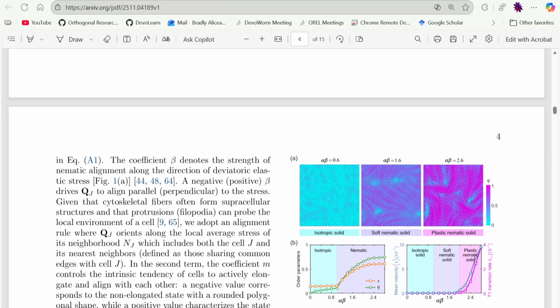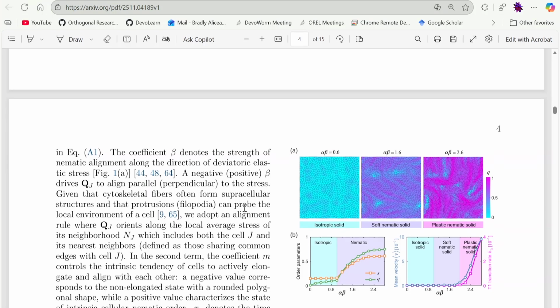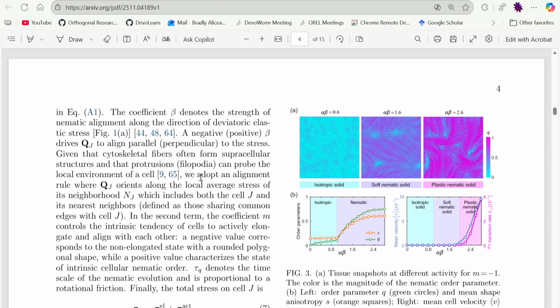Given that cytoskeletal fibers often form supracellular structures, and that protrusions or filopodia can probe the local environment of a cell, so the cells aren't just these polygons. They actually have filopodia, and they have these weird shapes, and so the model doesn't really capture that. They're just kind of making an assumption here.